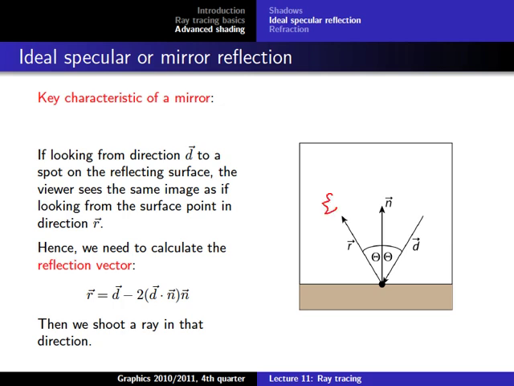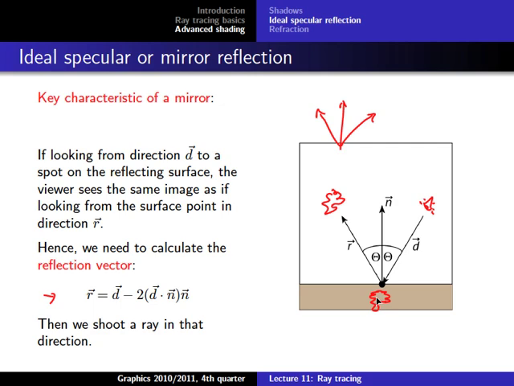So if there is some object here, then this object appears also here when we look at it from this direction. This is the same that we used for the Phong shading, where we used an almost similar equation. I'm saying almost because there is a slight difference: for the Phong shading we had the reflection vector, the normal vector, and the eye vector pointing in that direction.